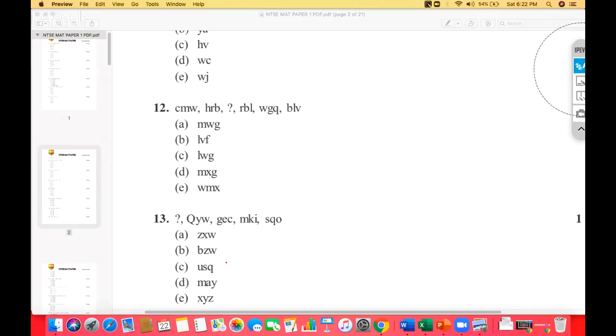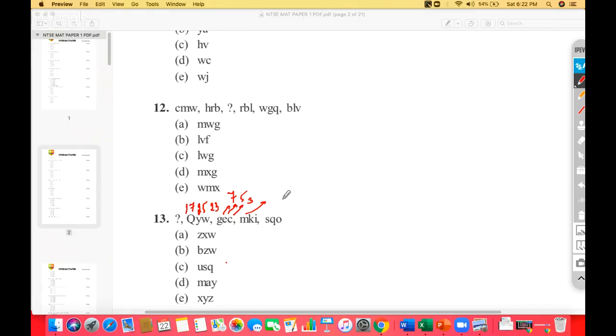So 13 has been written as, look at here. So let me write it: MNOPQ. So 17, Y is 25, and W is 23. So G is what? 7, 5, and 3.